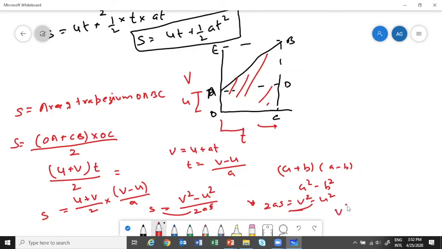If you put u on the other side, v square equals u square plus 2as.